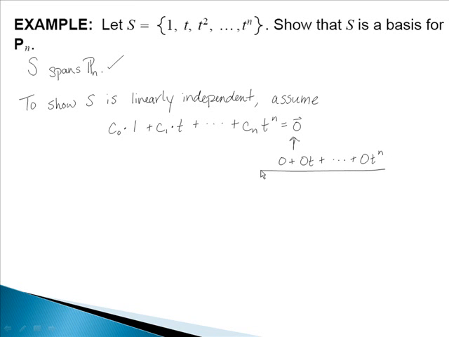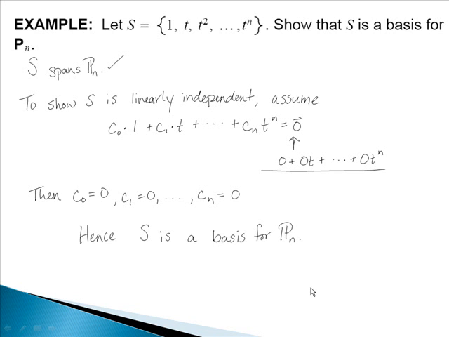Since we're setting those two equal to one another, the coefficients would have to be equal to 0. So c0 is 0, all the way up to cn is 0. So then we see that S is a basis for P sub n.